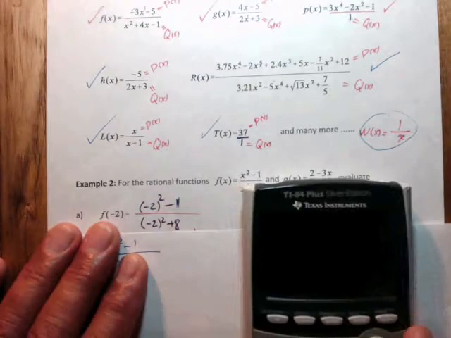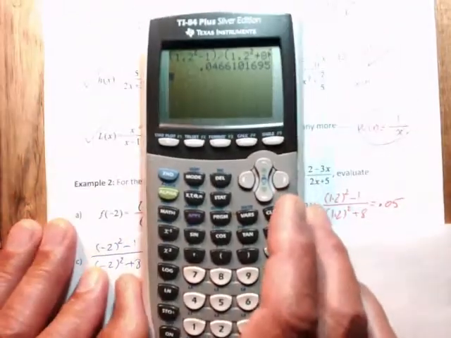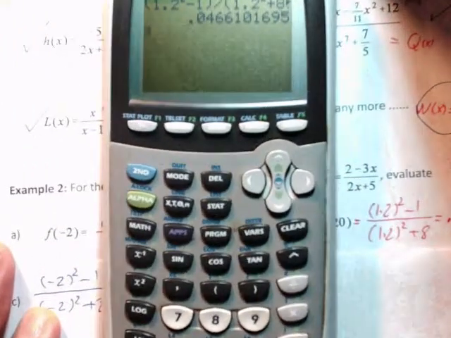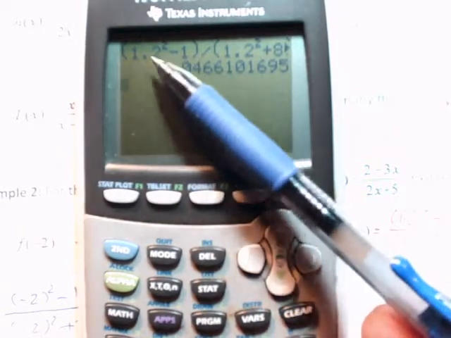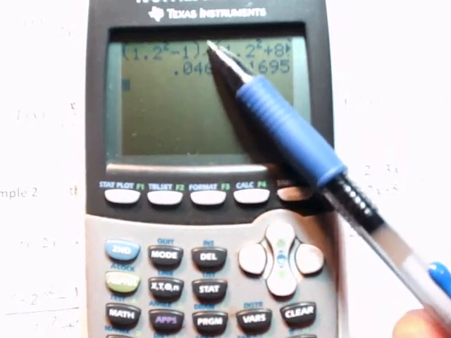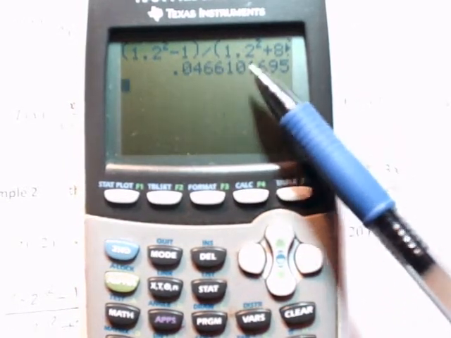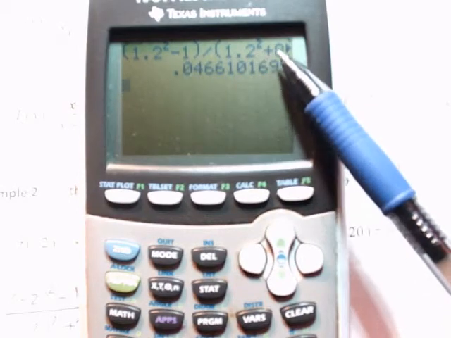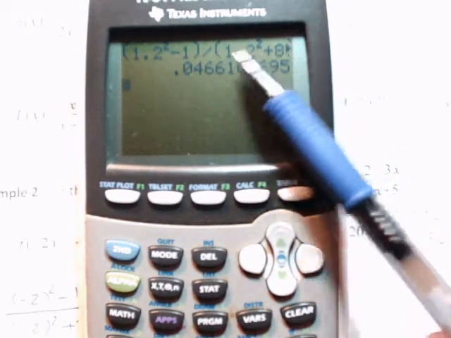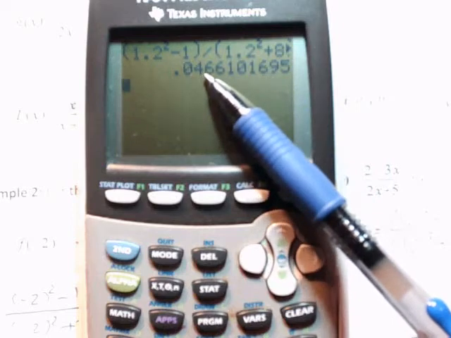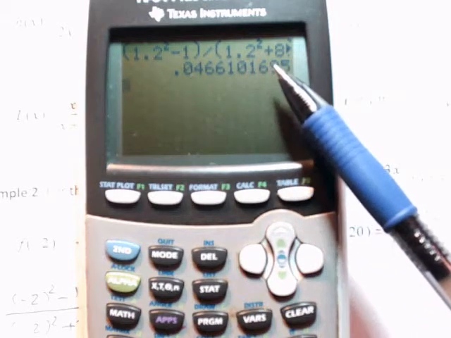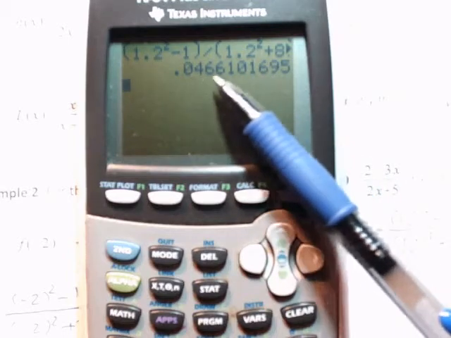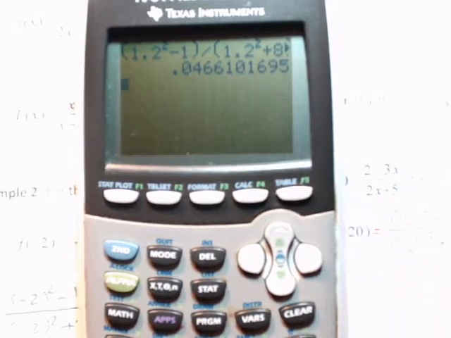In fact, I have it here, you see. Squared minus 1, put parentheses around it, divided by 1.2 squared plus 8, parentheses around it, divide, and you get 0.0466101695, and I round this up to 0.05. Okay, that's what I get.